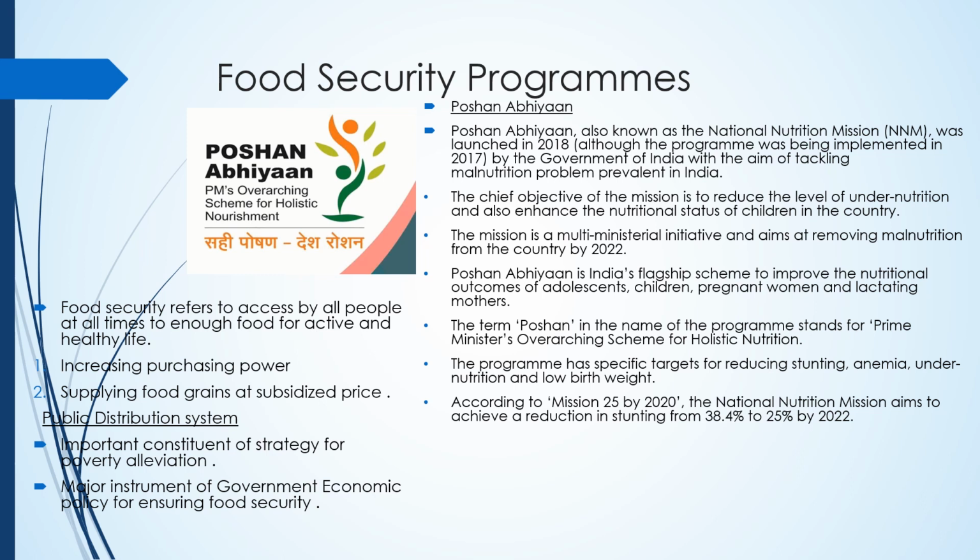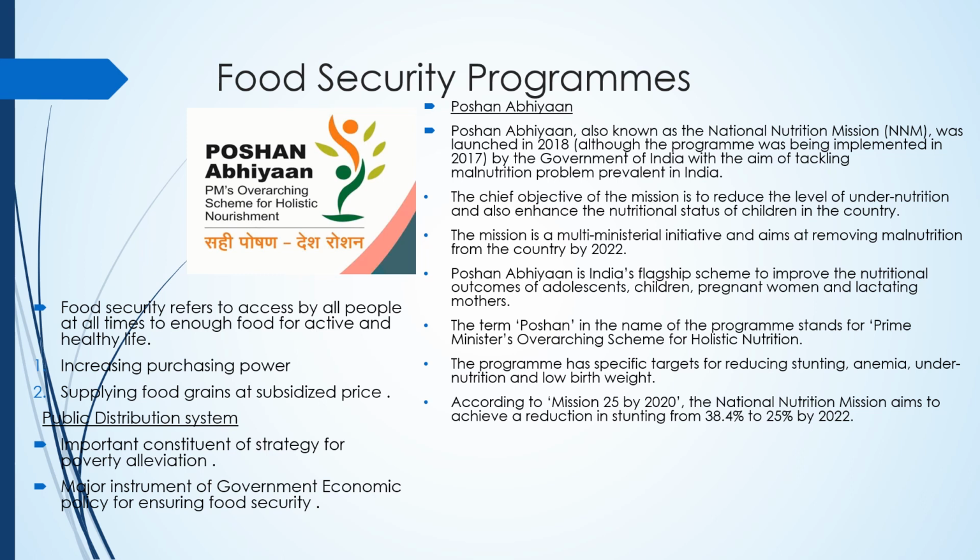We have Poshan Abhiyan. Poshan Abhiyan, also known as the National Nutrition Mission, was launched in 2018, following a program implemented in 2017 by the Government of India, to tackle the malnutrition problem prevalent in India.